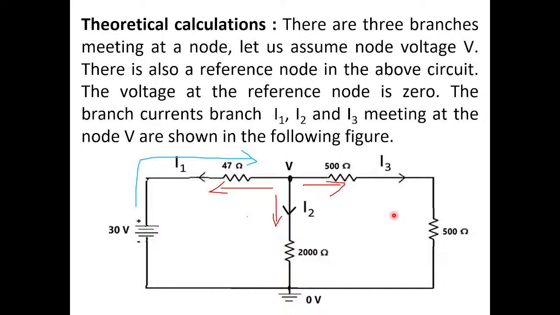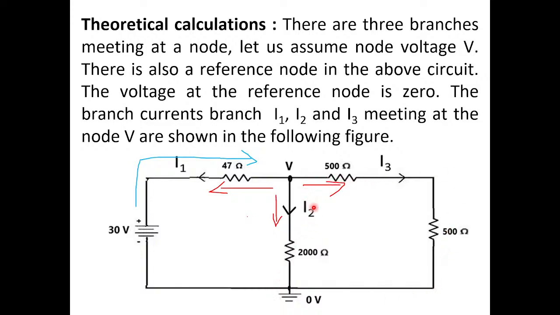Someone asked me to explain once again. That's why I'm repeating. Okay. So total 3 branch currents will be there in this given circuit. One branch current starts from 30 volts. It will flow through 47 ohms. And after reaching this node V, that I1 current, which flows through 47 ohms, will divide into I2 and I3.